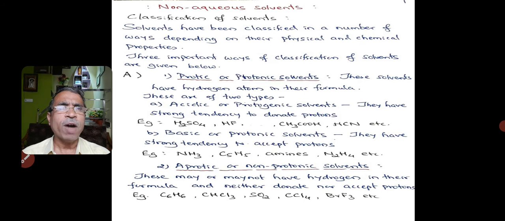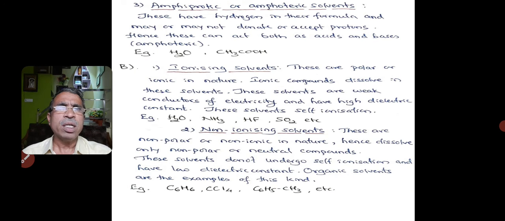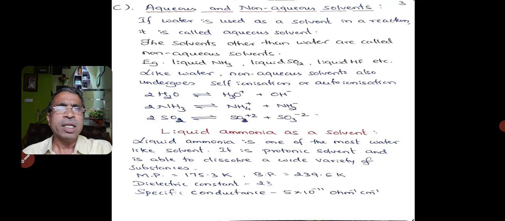Solvents have been classified in a number of ways depending on their physical and chemical properties. Three important ways of classification of solvents are: number one, protic or protonic solvents; number two, ionizing solvents; and number three, aqueous and non-aqueous solvents.